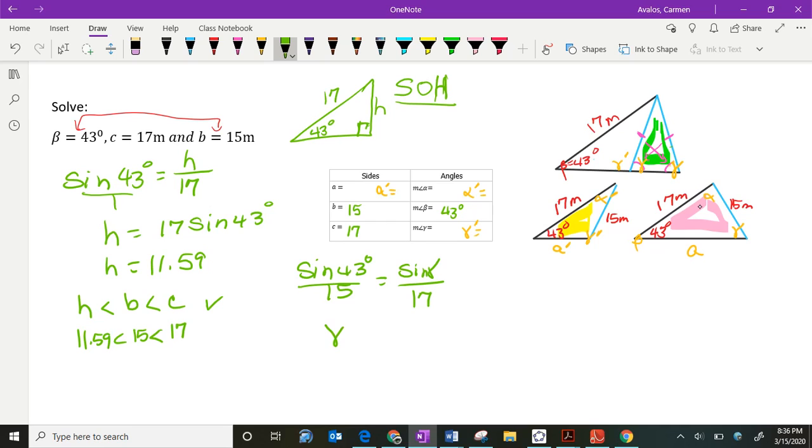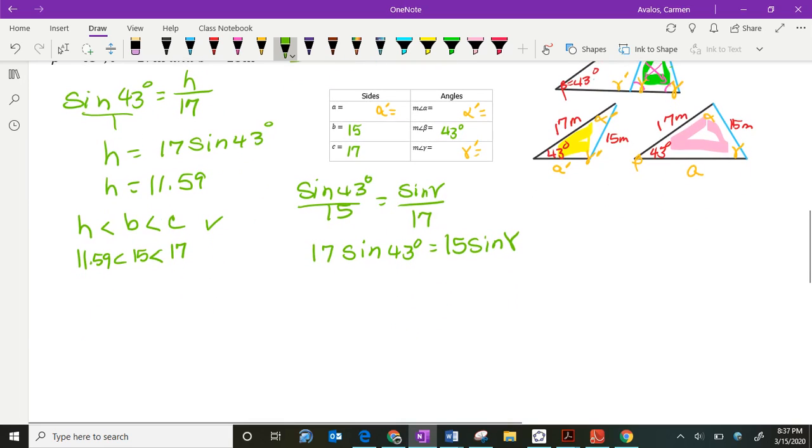It turns out after we solve it, let me just write that out for you. Because this is the only thing that we don't know, that gamma there, we're going to do 17 sine of 43 has to equal 15 sine of gamma. And then when you solve this, we want to get this by itself.